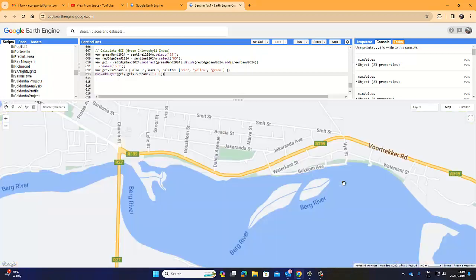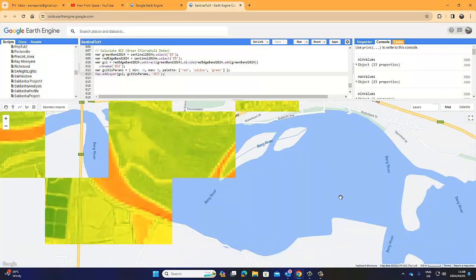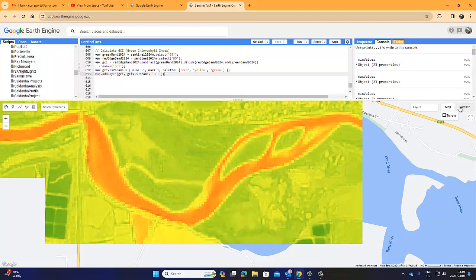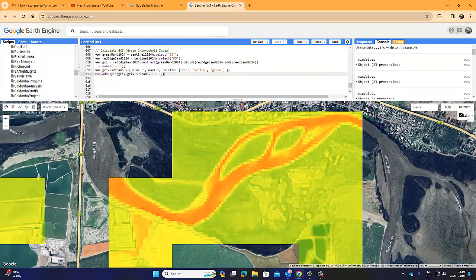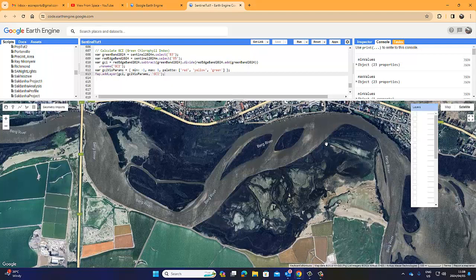That's a familiar sandbank, where I got stuck. I know I'm digressing a little bit, bear with me. If we take the satellite view, you can see there's a sandbank there, especially at low tide.